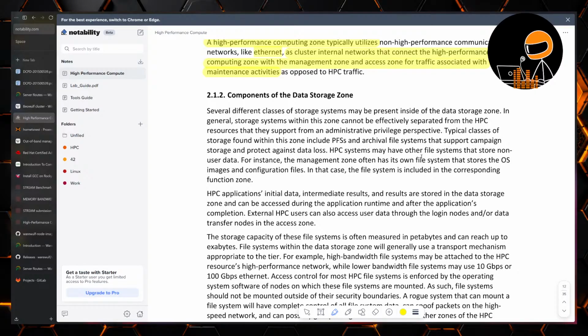HPC systems may have other file systems that store non-user data. For instance, the management zone often has its own file system that stores the OS images and configuration files. Yes, that makes sense.